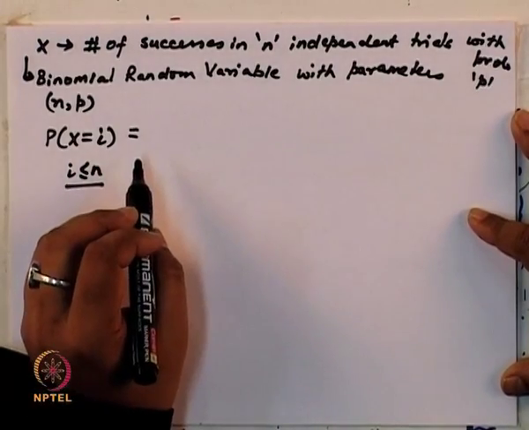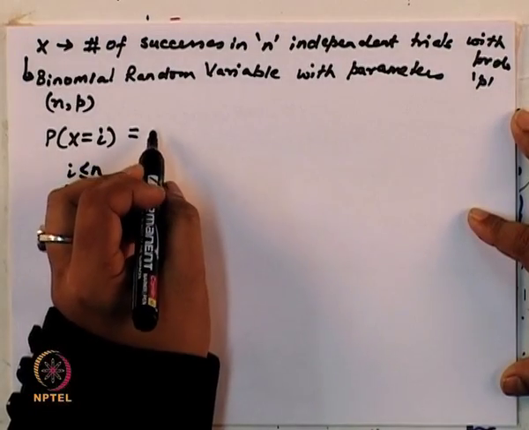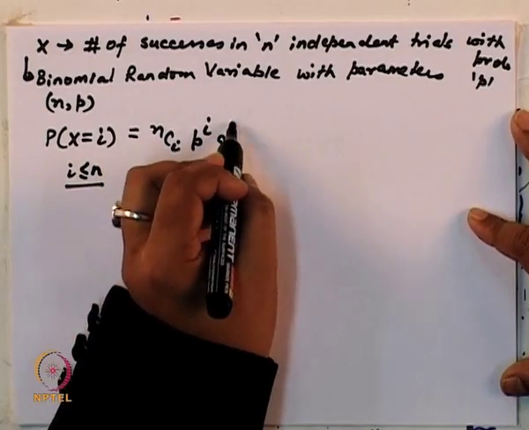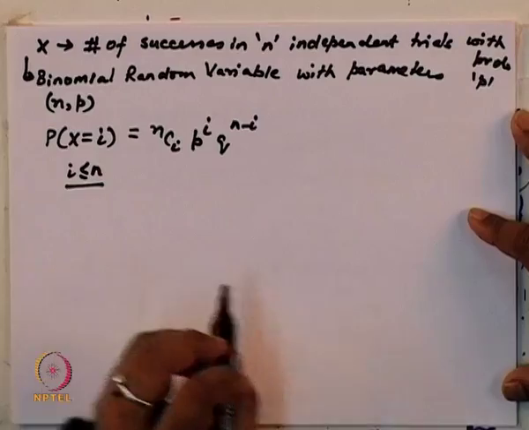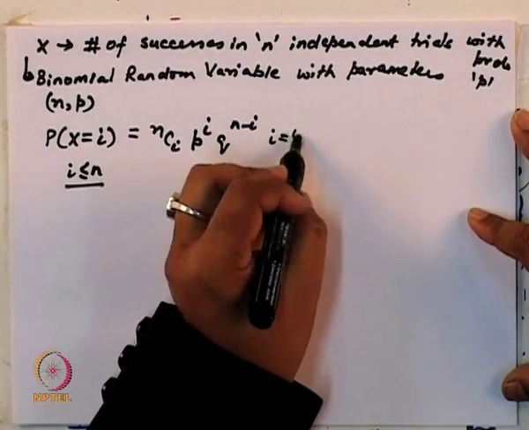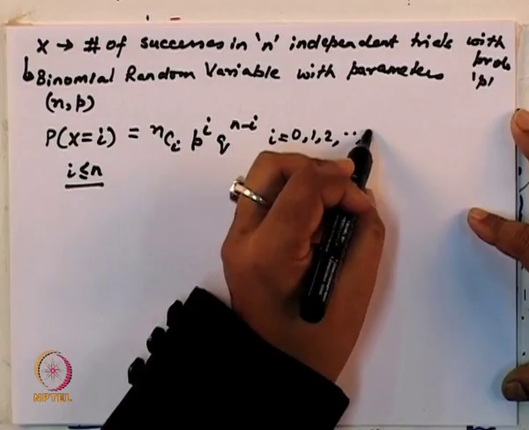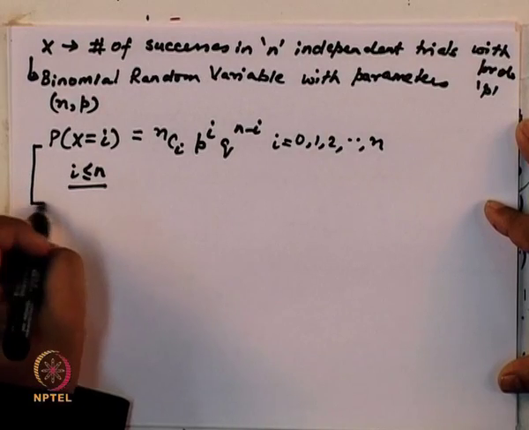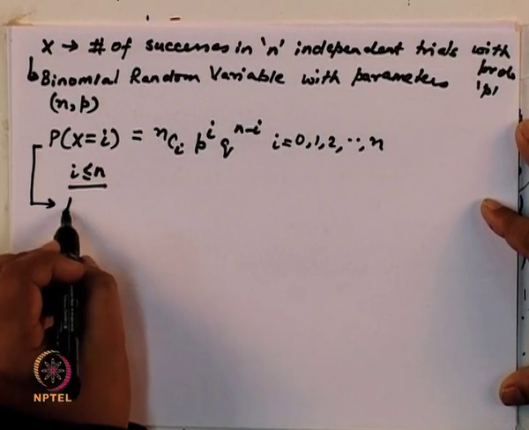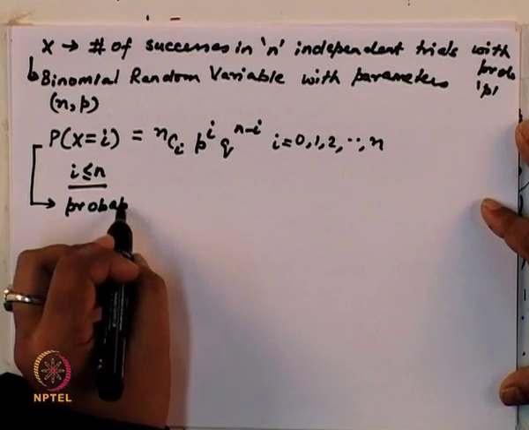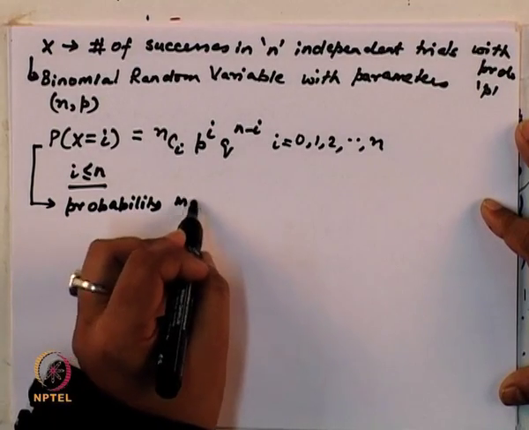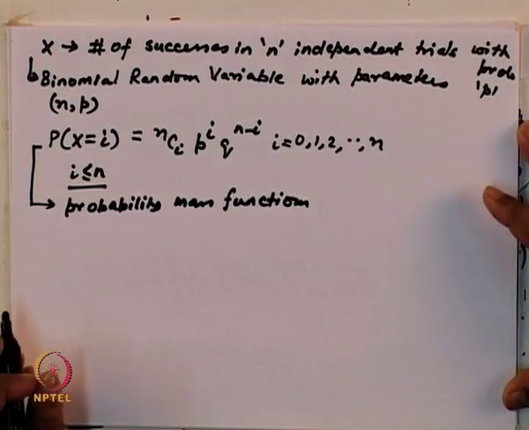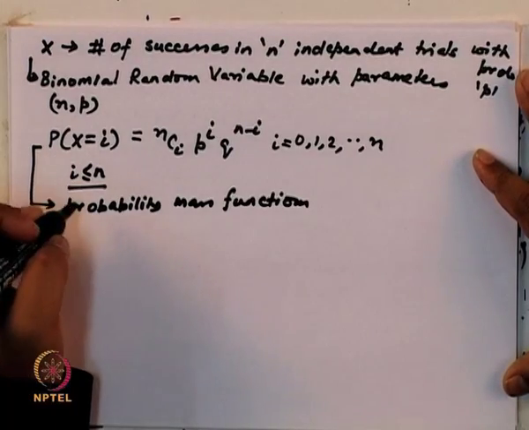Probability of X equal to i can be written as n C i p to the power i q to the power n minus i, where i can be anywhere between 0, 1, 2 up to n. Since X is a discrete variable, this is my probability mass function. I can then calculate each of the probabilities.